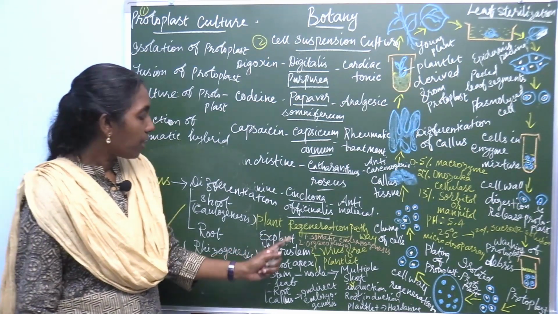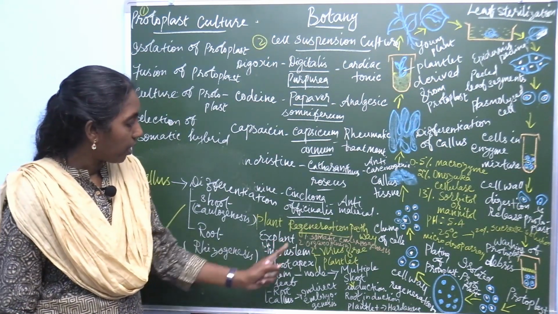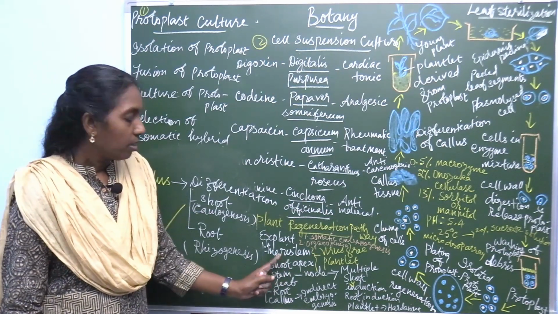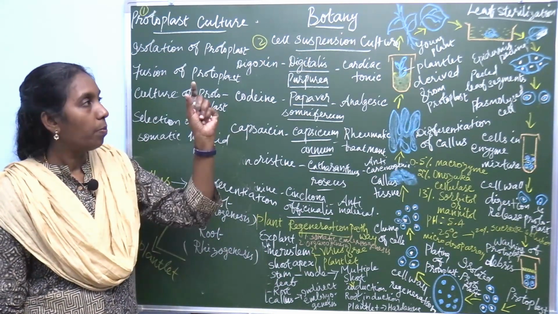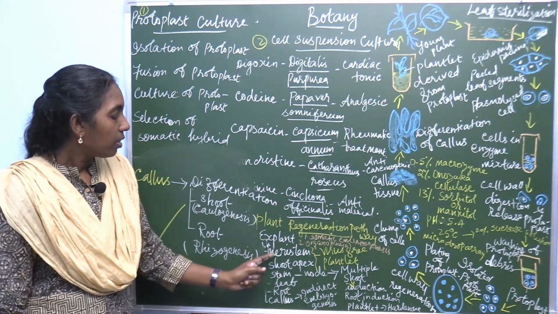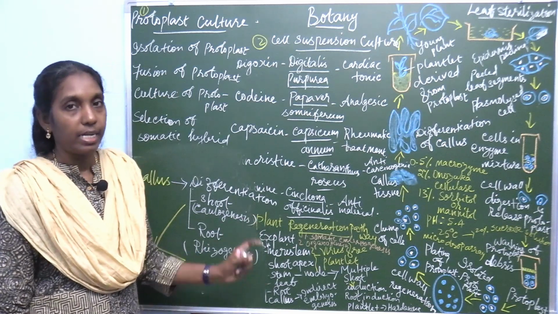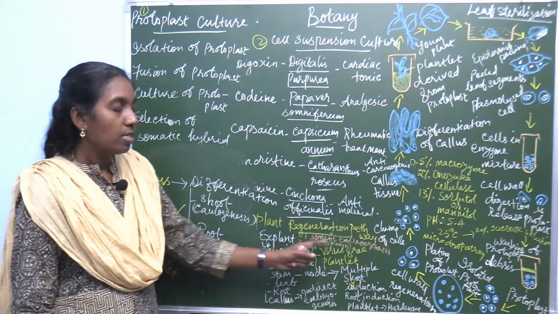When it is allowed to regenerate, to produce virus free plants, make use of the shoot apices, apical meristem culture. Virus free, that is one of the applications.